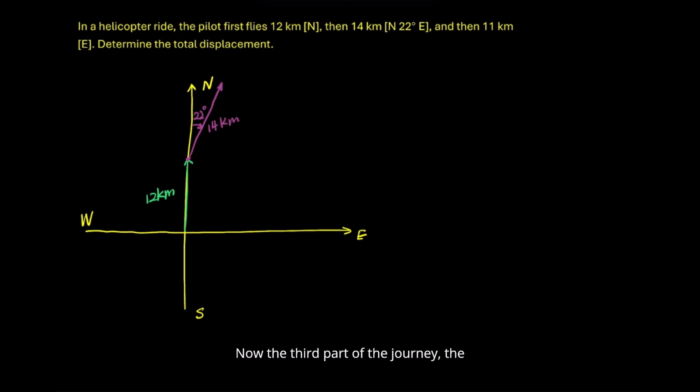Now the third part of the journey, the pilot flies 11 kilometers due east. So we start from the tip of the second arrow, and we draw a new arrow, 11 kilometers long, pointing straight to the east. So these three arrows, we call them displacement vectors.